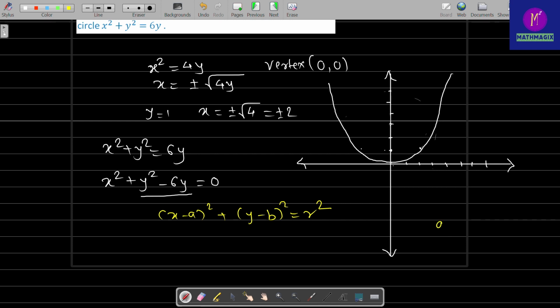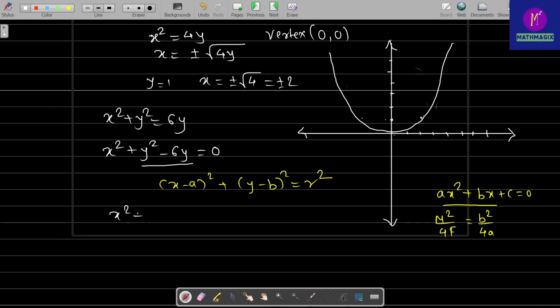Suppose you have something like ax square plus bx plus c equal to 0, then one term you have to add and subtract so that you can convert it into a perfect square, and that term is nothing but middle term square upon 4 into first term. That is nothing but b square upon 4a. Let us use this technique for y square minus 6y. So we will get x square plus y square minus 6y.